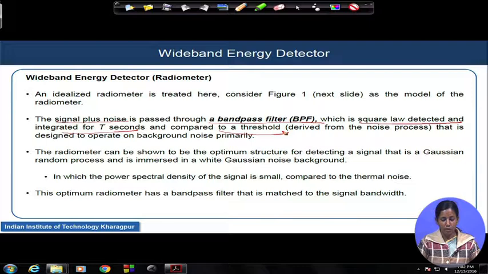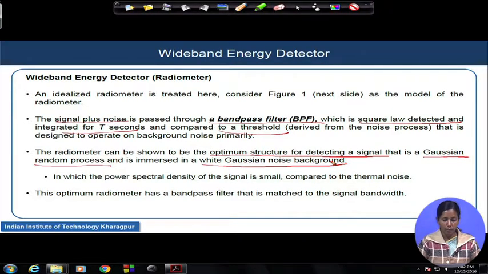As I have also told you, this radiometer can give you an optimal structure for detecting a signal if the signal is a Gaussian random process, and it is superimposed over a wide Gaussian noise background. So, under the Gaussian assumption itself, this radiometer can give you an optimal structure for detecting a signal.